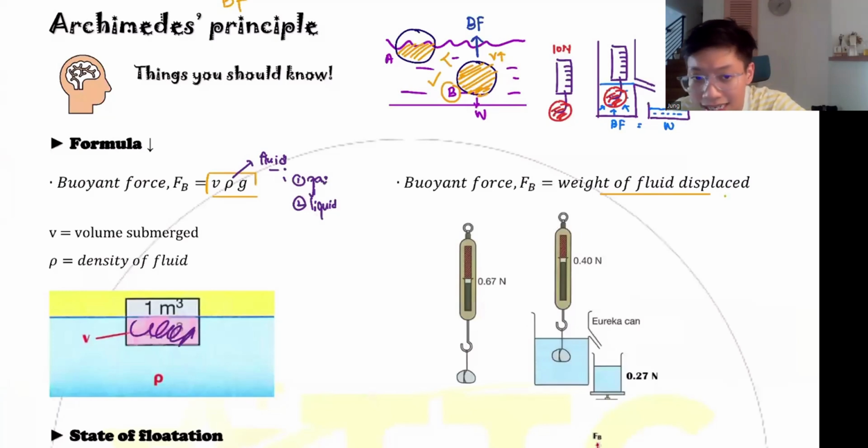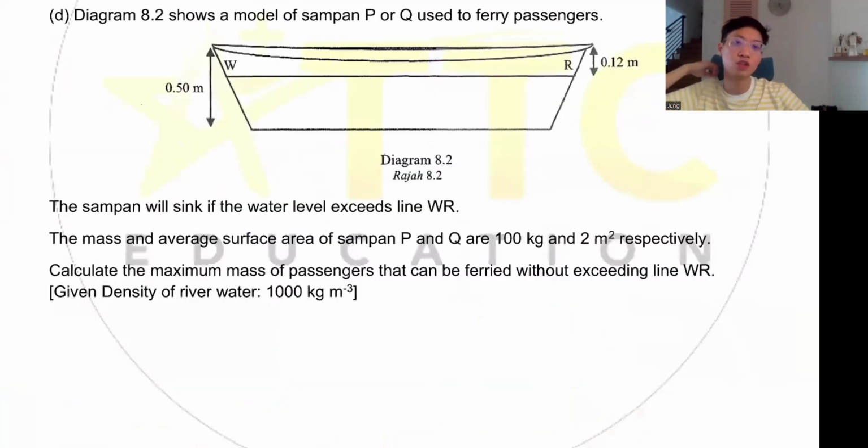I show you one sample calculation for Archimedes' principle, because Archimedes' principle is not easy. I don't know why people think that this one is very simple to calculate. Let's just look at page 22 first. Here they show you a model of a sampan that's used to ferry passengers.